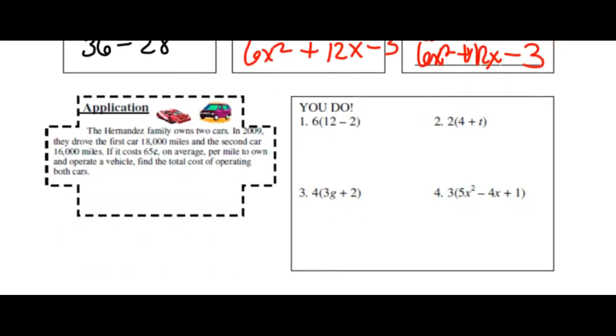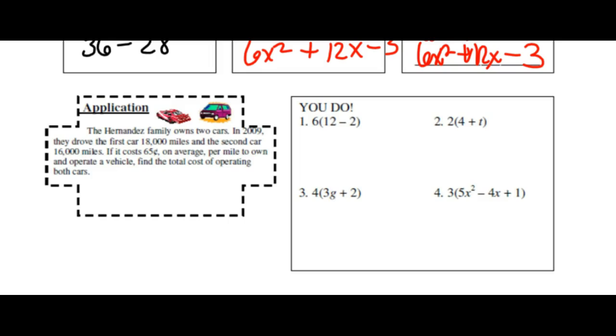What about a word problem? So the Hernandez family owns 2 cars. In 2009, they drove the first car 18,000 miles, and the second car 16,000 miles. If it costs 65 cents on average per mile to own and operate, find the total cost of operating both cars.